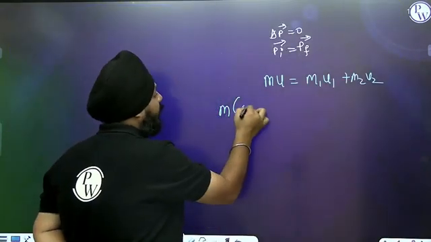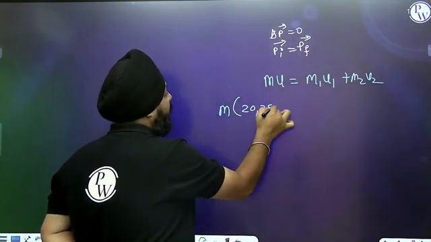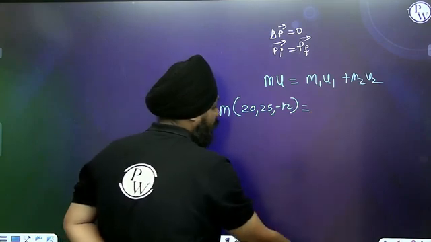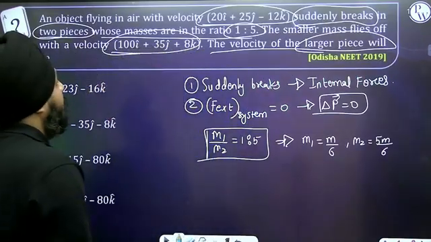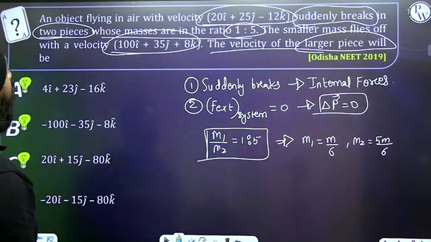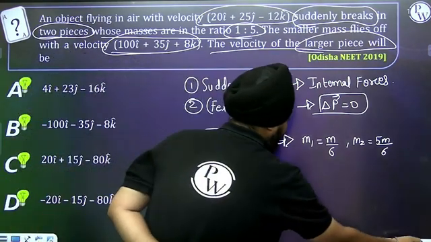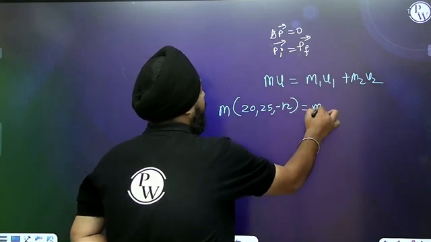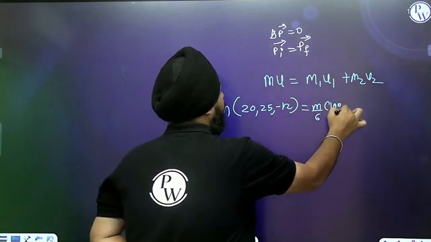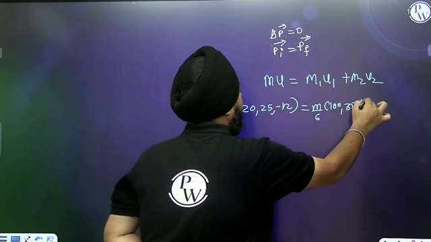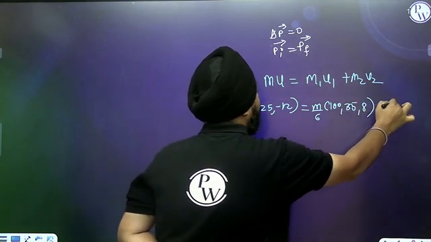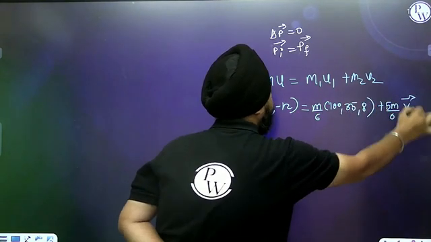I'm writing in coordinate form: 20, 25, minus 12 is equal to the smaller mass, m by 6, times 135, 8, plus 5m by 6 into velocity vector v.